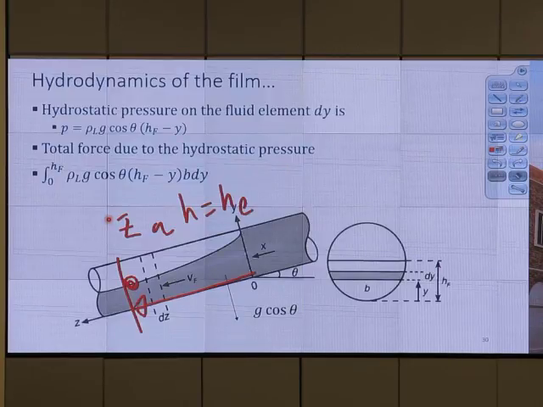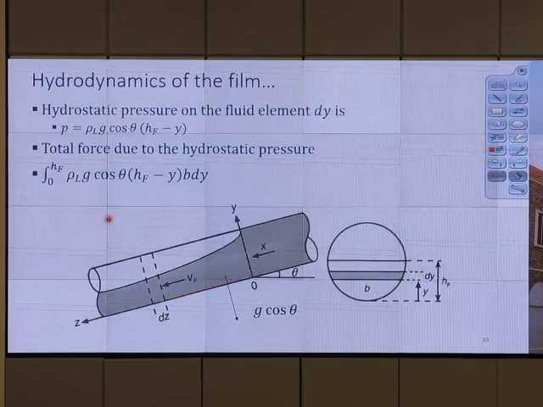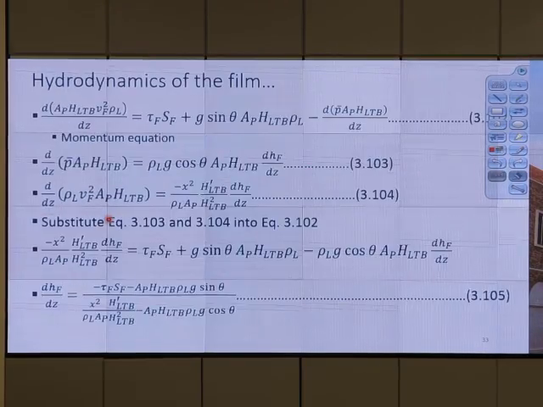For Z greater than that, it's somewhere in this part, right?